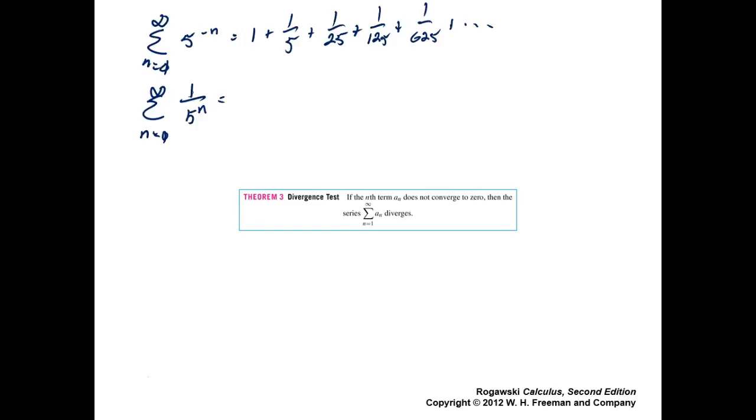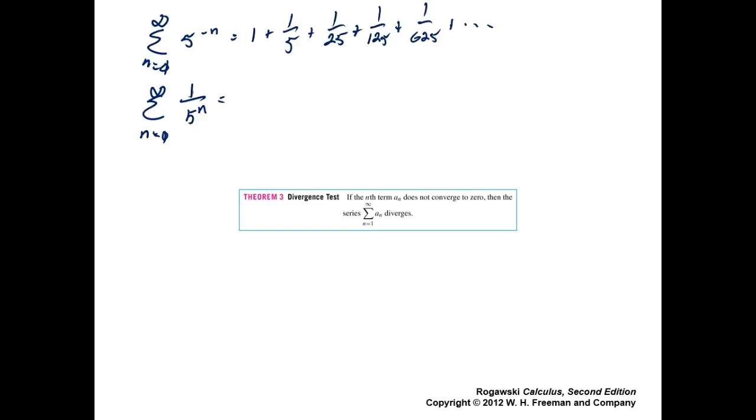Let's go back. It's a lot like the one with 1 over 2 to the n. This is 1 over 5 to the n.